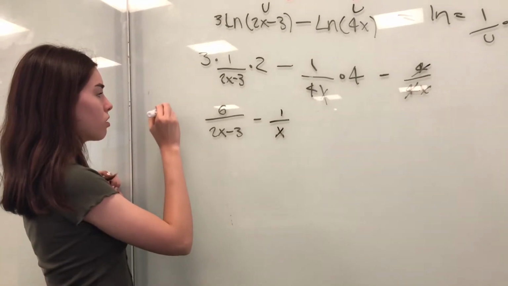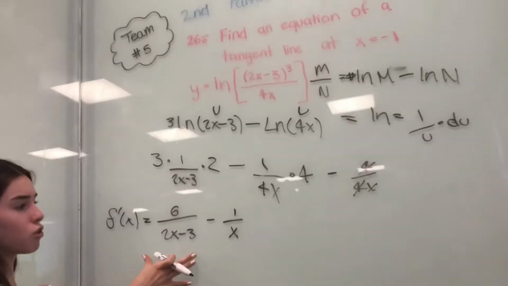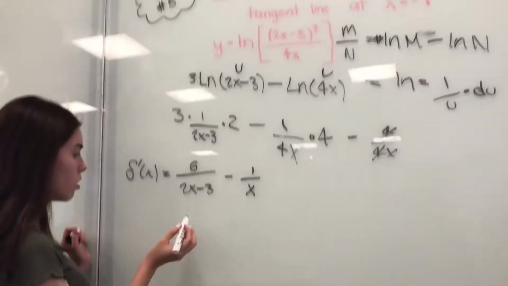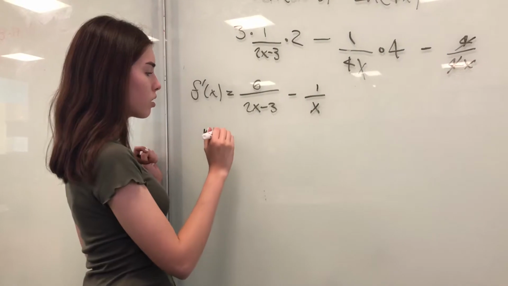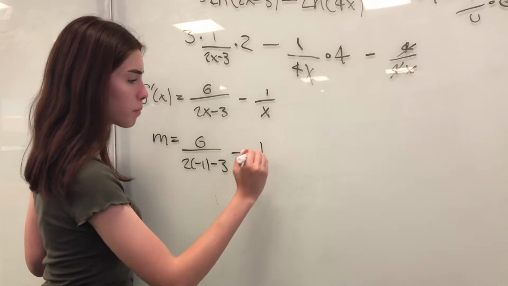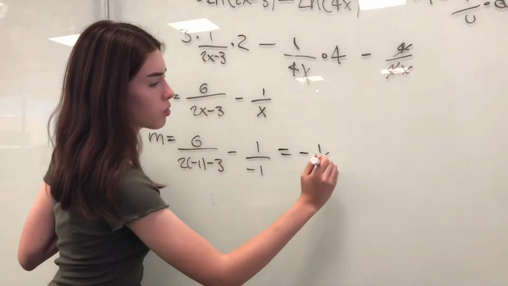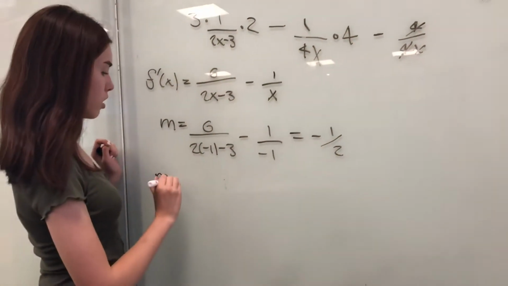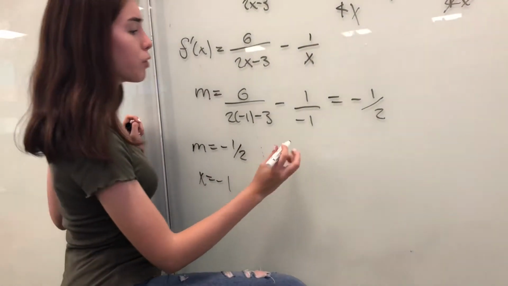And this is our new function, in which we're going to introduce the x, which is equal to minus 1, to obtain the slope. The slope is going to be minus 1.5. We have the x, which is minus 1, but we don't have the y.